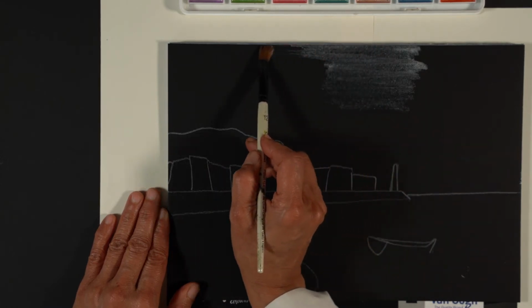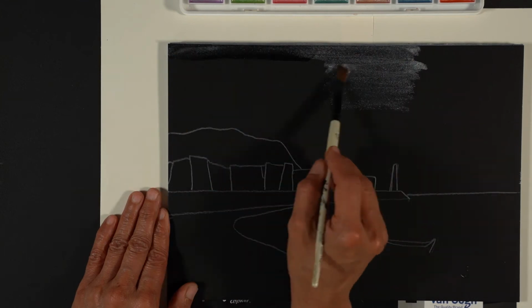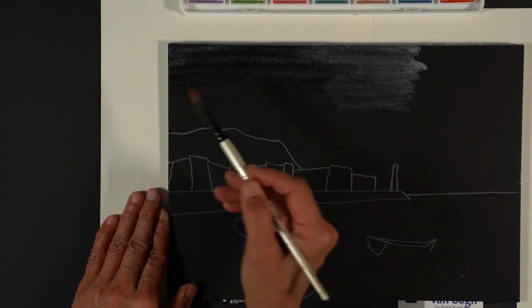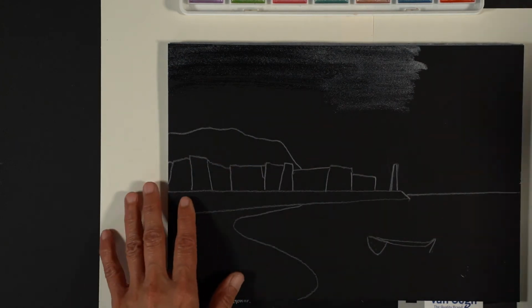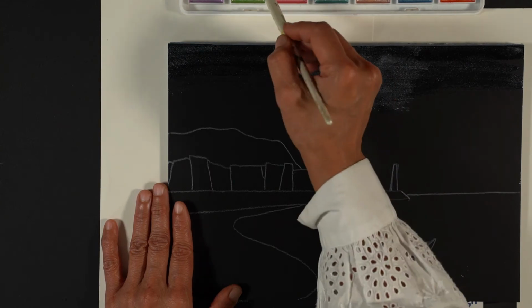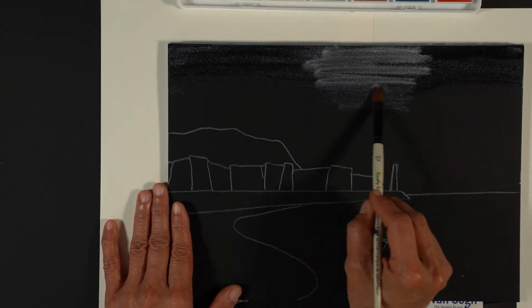Now that the paint spread out, I'm going to take some water and I'm going to pull that paint out to the side like this. And also to the other side. I can come back in with some more paint in the middle like this.